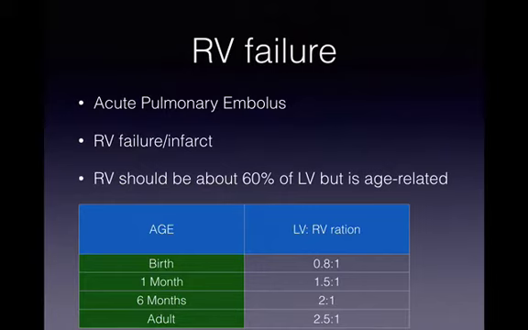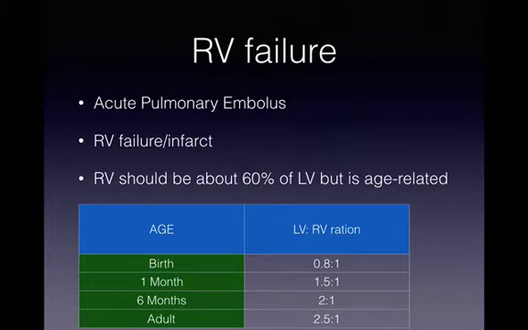So right ventricular failure can happen for a number of reasons. One can be acute pulmonary embolus. One can be RV failure or infarct. And we usually say in adults the right ventricle should be about 60% of the left ventricle, but that is age-related.